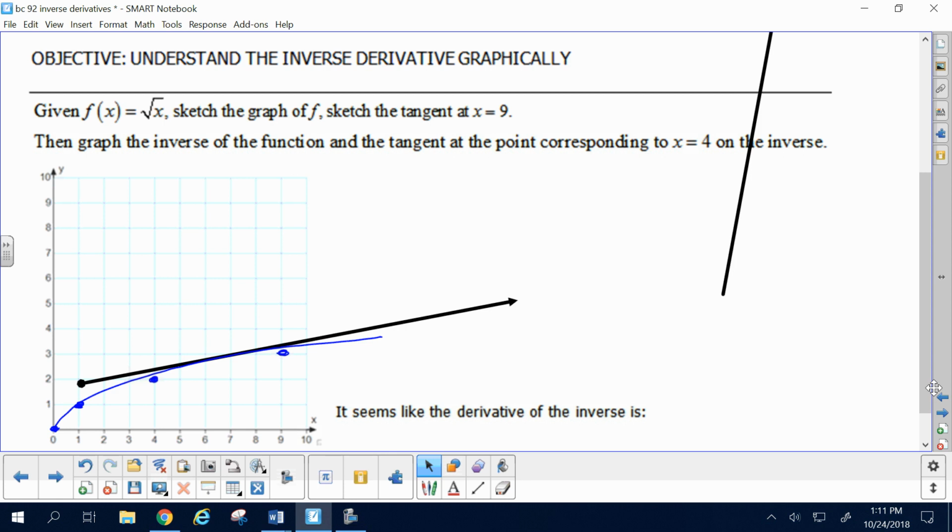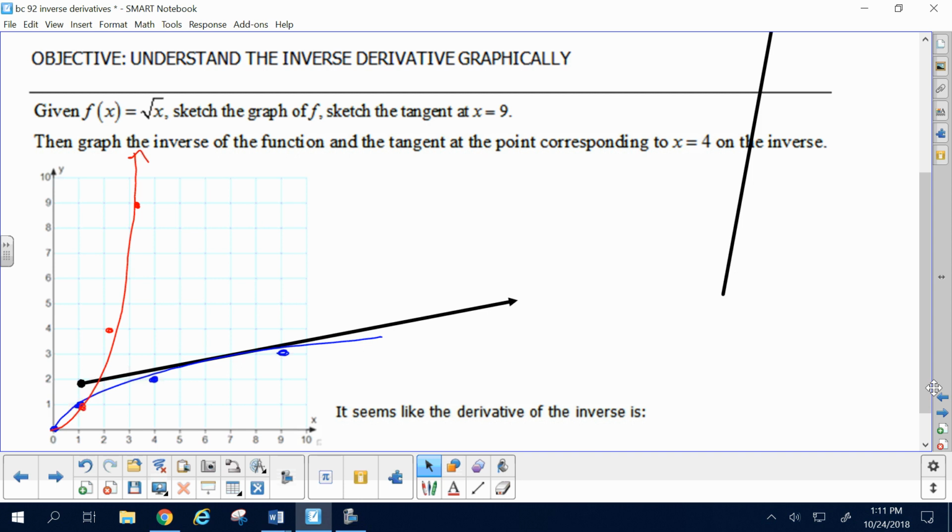Now the idea is, okay, that's the slope of the original. What if we were talking inverse? So now what I'd like you to do is graph the inverse of f. All right.